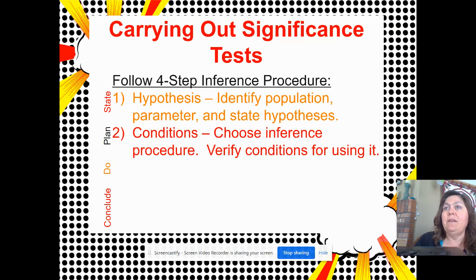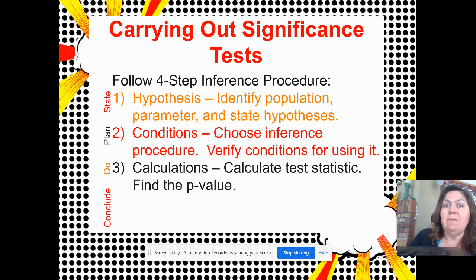With your plan, make sure you have your conditions and that you choose your inference procedure. Your one sample z-test for means, for example, is what we're on right now. We'll be doing t-tests and we'll be doing z-tests for proportions, just like we did with confidence intervals, okay? And you verify those 3 conditions of SRS, normal, and independence, just like we did with CIs.